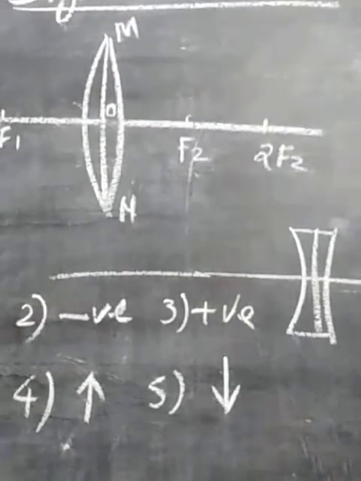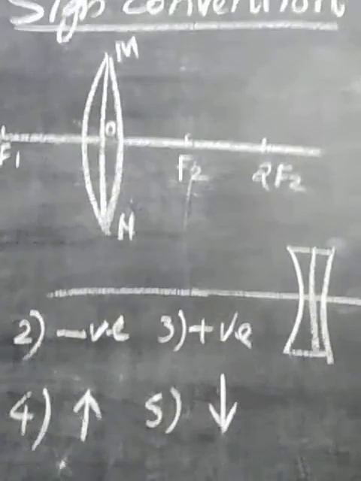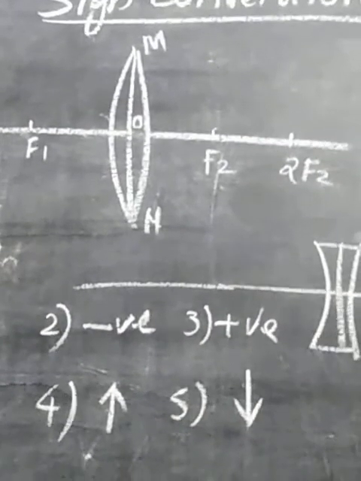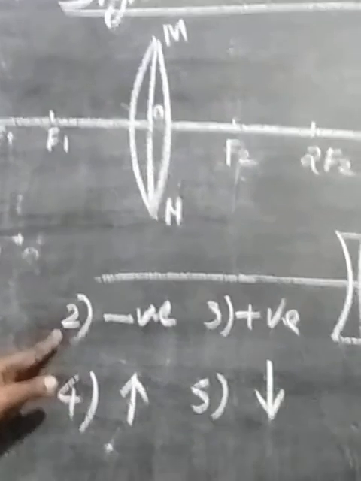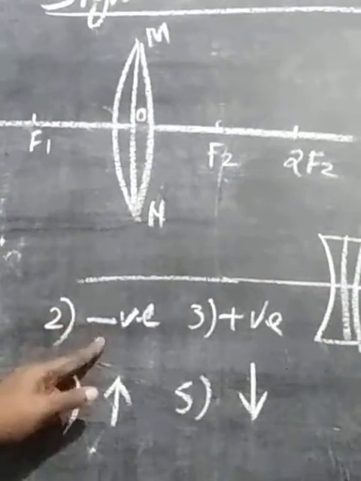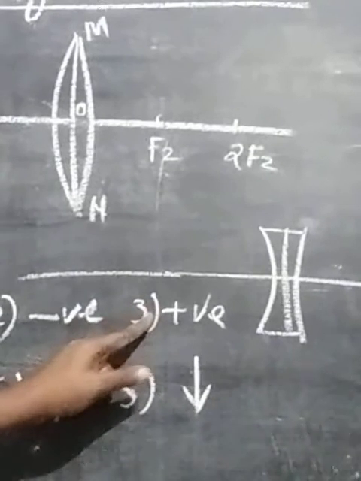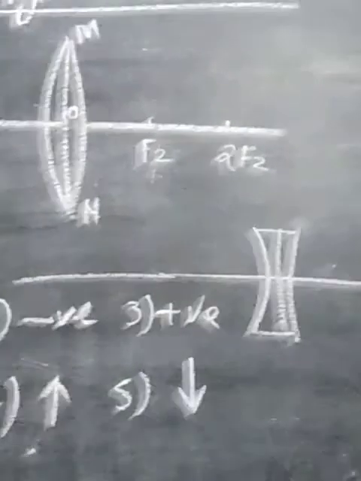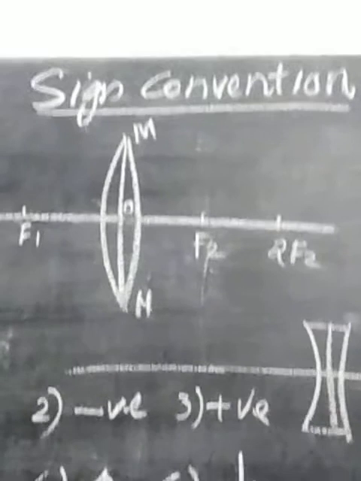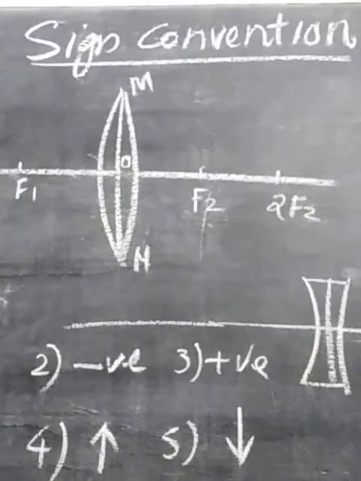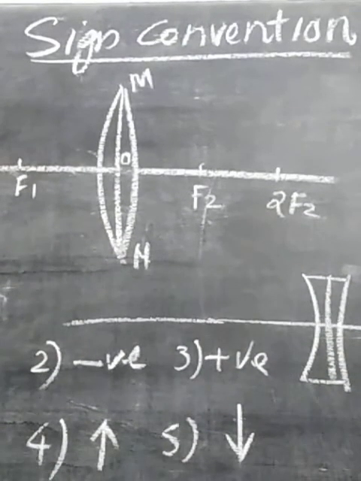First rule, all the distances are to be measured from the center of the lens. Second rule, the distances measured to the left of the lens are negative, to the right positive, above positive, and down to the principal axis negative.